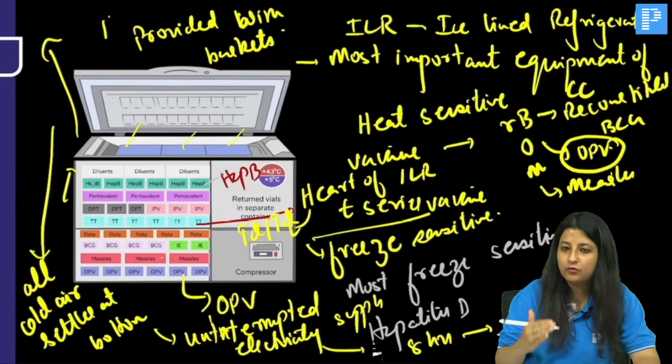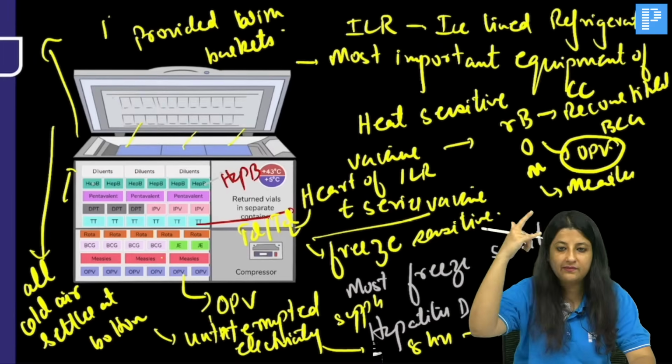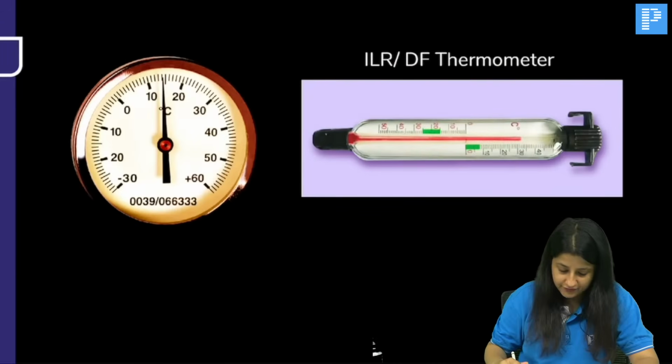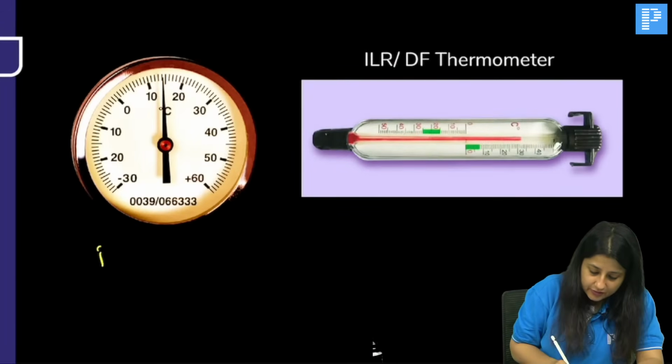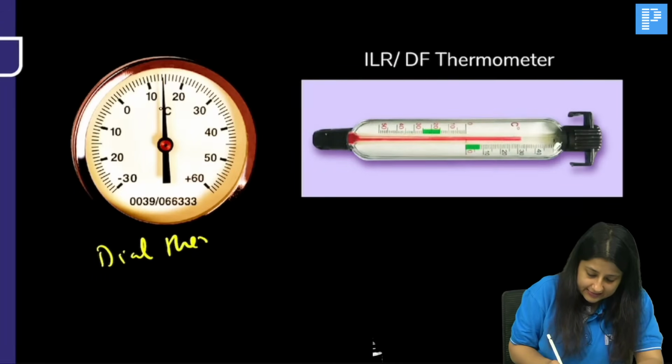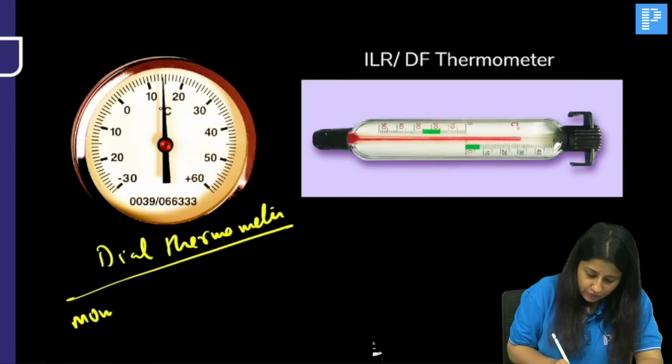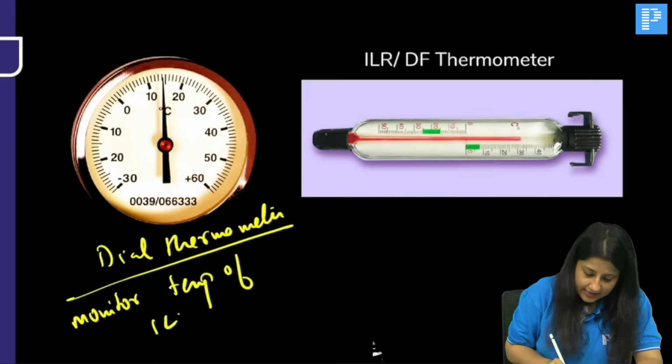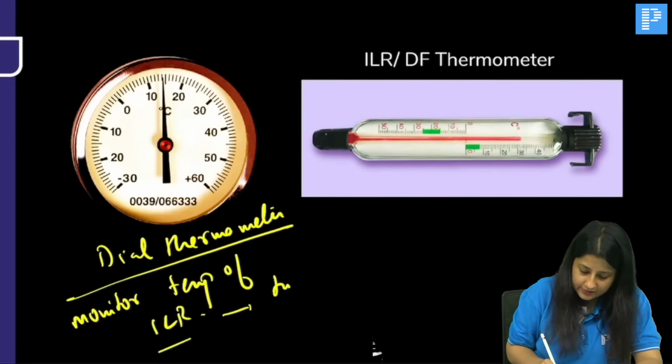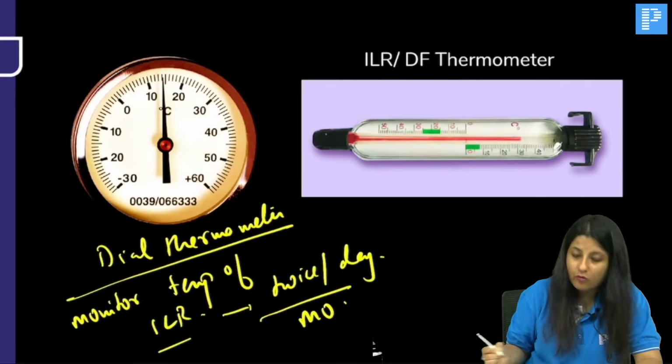You should at least know for NEET PG FMG the bottom one, the top one and the heart of ILR. How do you monitor the temperature? This one is a dial thermometer. This is used to monitor temperature of ILR. And this monitoring is done twice per day by a medical officer.